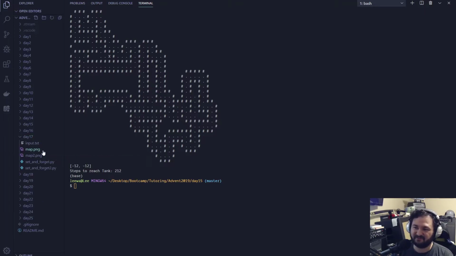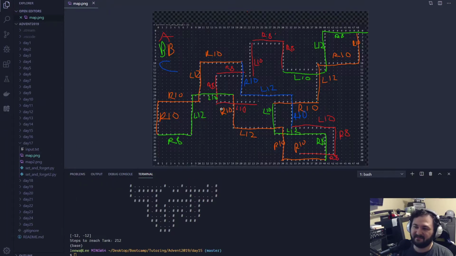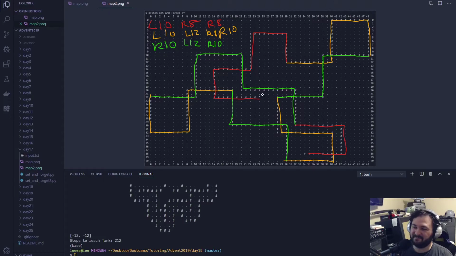The fast solution was to map out all the points, which I did with my MS Paint skills after screenshotting the terminal paths and drawing on them. So this was just pure puzzle. It didn't really have a ton of programming to do with it. This was the final maps that I landed on. But that was really interesting and kind of taught me that not everything can be solved with programming.